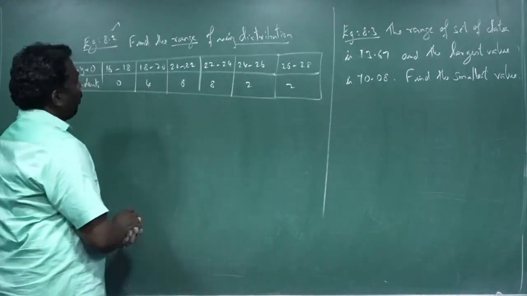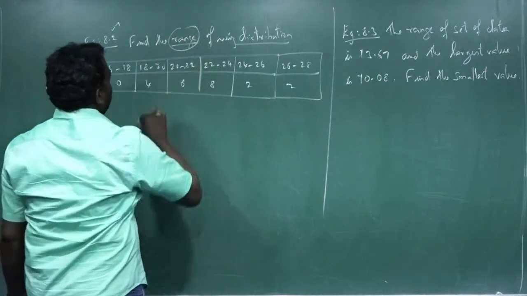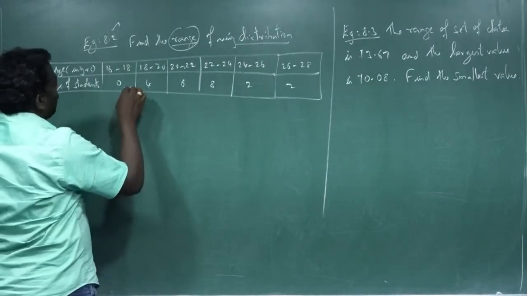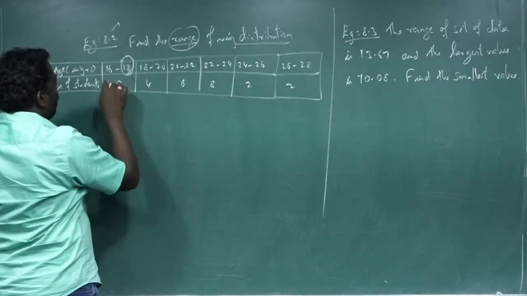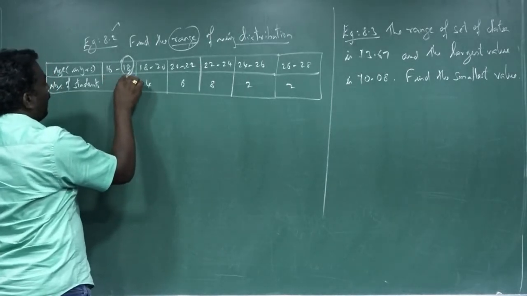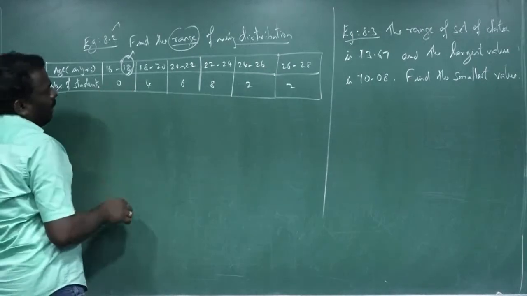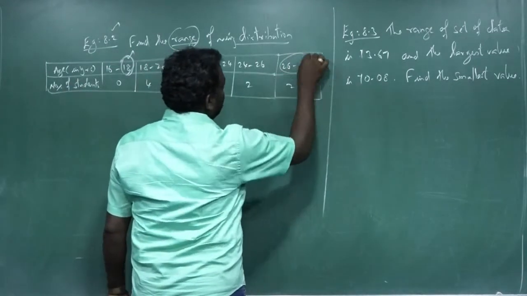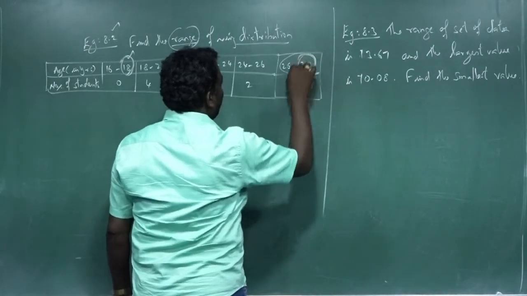In this grouped data we want to find the range. For the lowest interval, we consider the minimum of the interval, and for the highest interval, 26 to 28, the maximum possible value is 28.